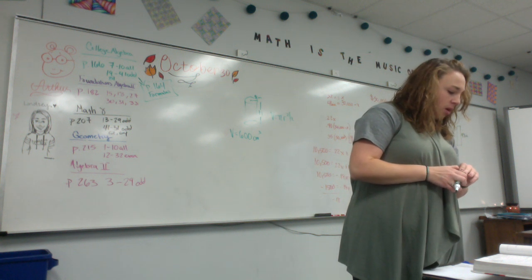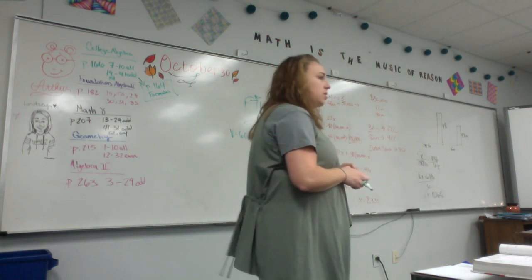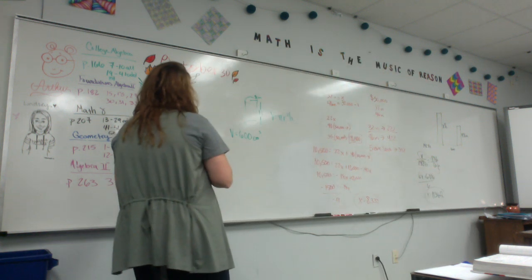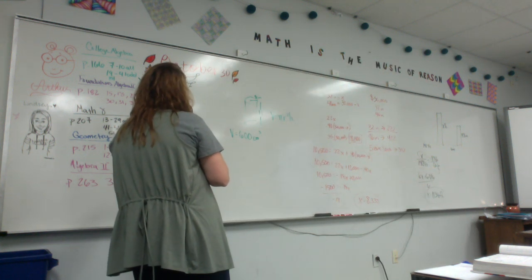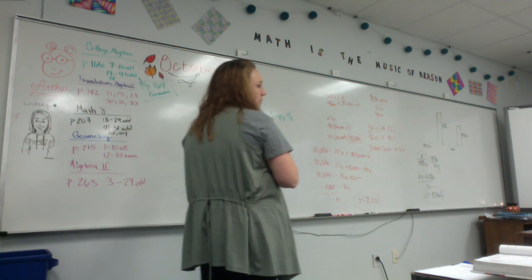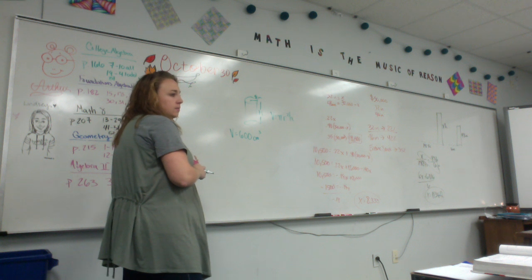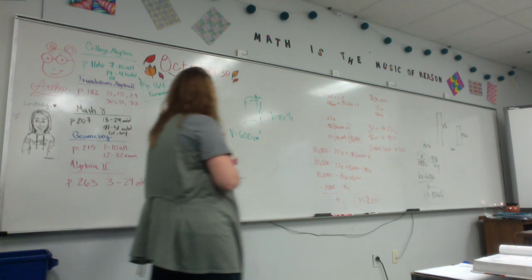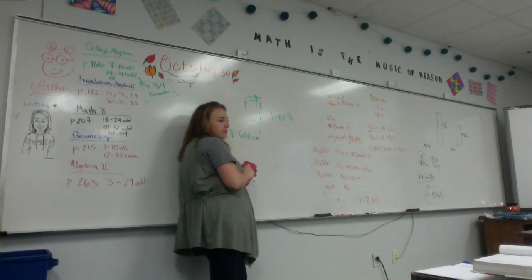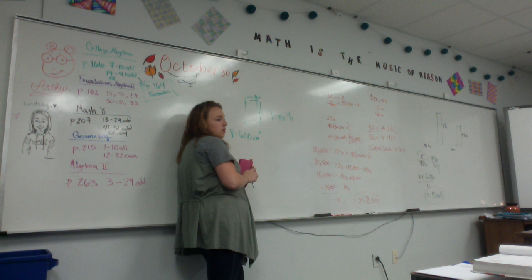So how can I set up an equation to solve for my height? Is this equation right now in height equals form? No, so I need to put it in height equals form.